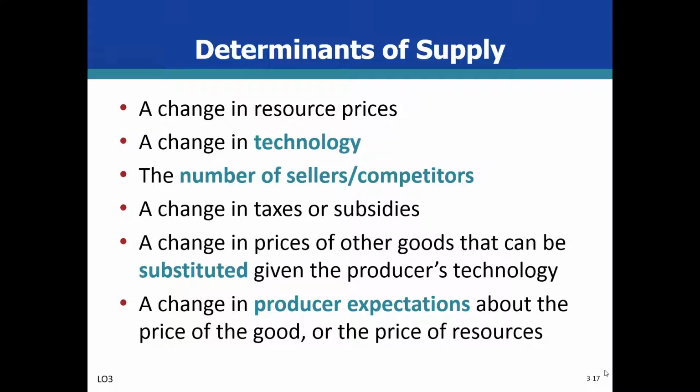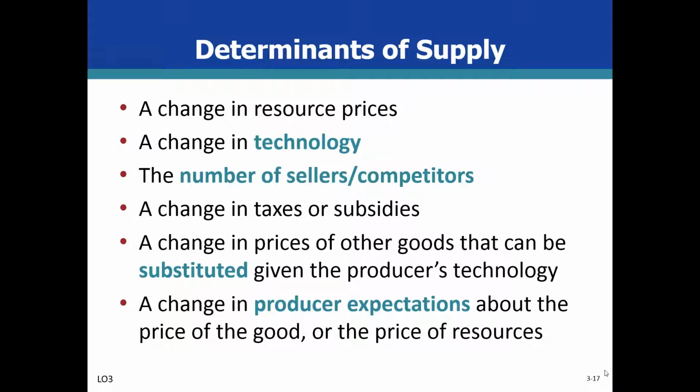Technology is another determinant of supply. You can understand that if a new machine came out that allowed you to substantially decrease the cost of bringing corn to market, either by shucking it faster or packaging it with lower cost, then you would expect that the supply of corn would increase simply because technology allows you to deliver more at a lower cost.